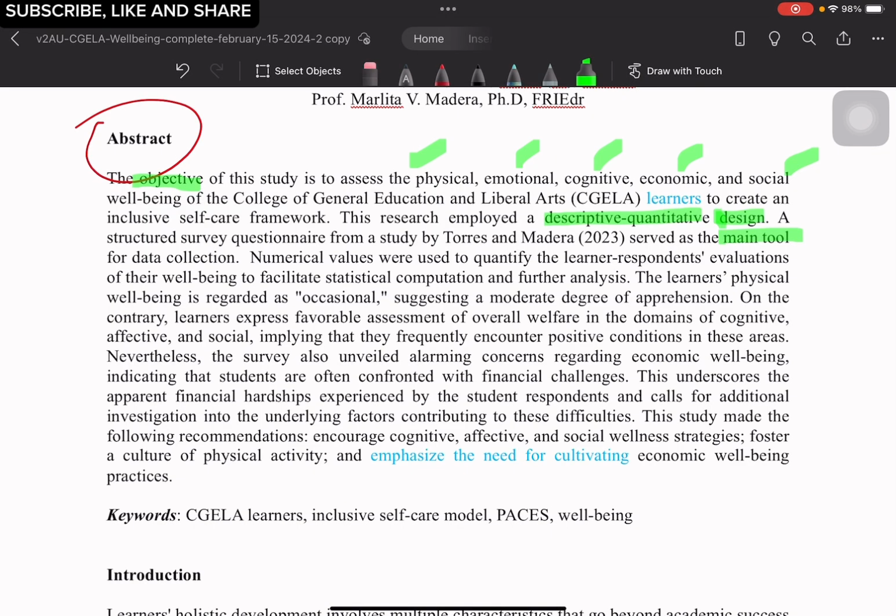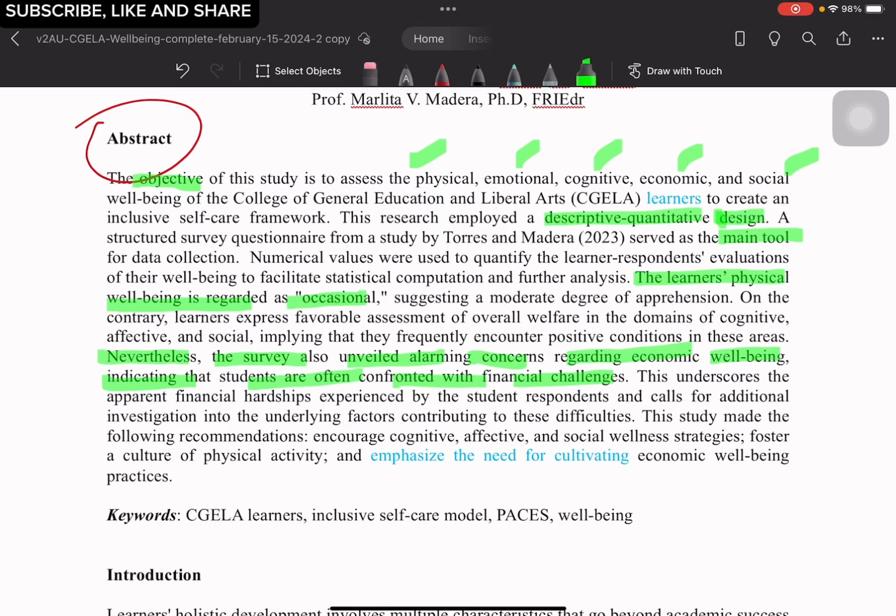And then after that, the findings of the study. So one of these findings is that the learners' physical well-being is regarded as occasional, and then another is with regard to the financial well-being of the learners. Nevertheless, in this part, the survey also unveiled alarming concerns regarding economic well-being, indicating that the students are often confronted with financial challenges.